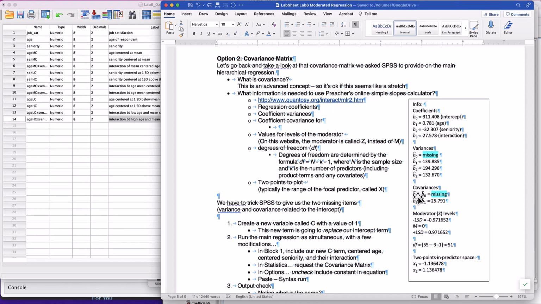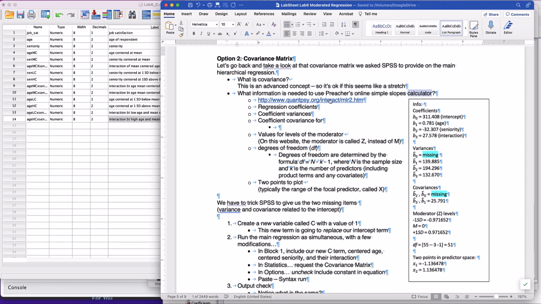Covariance matrices would be the beginning of your next stats class, like on multivariate analysis, and it's the foundation of structural equation modeling. So it's kind of past this course, but I wanted to show you how it's done, and especially since we have an online calculator to help us out.